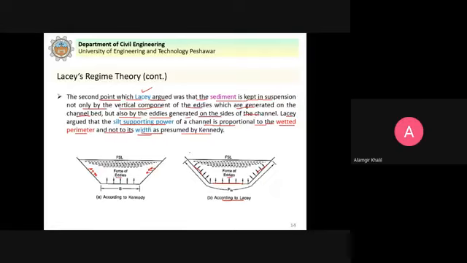So according to Lacey, the silt supporting power of a channel is proportional to the wetted perimeter and not to its width as presumed by Kennedy.